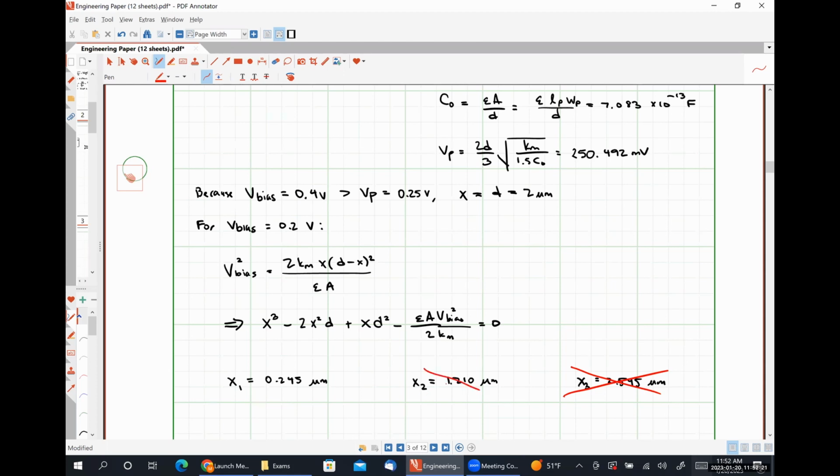So that means X2 can't be a solution either, right? So the only solution that meets the criterion that we have a reasonable displacement without the pull-in effect taking over is X1 of 0.245 microns. So if I were to give you a question like this on your homework, hopefully you would be able to figure out what is the correct solution out of the 3 different things that you're going to be dealing with.